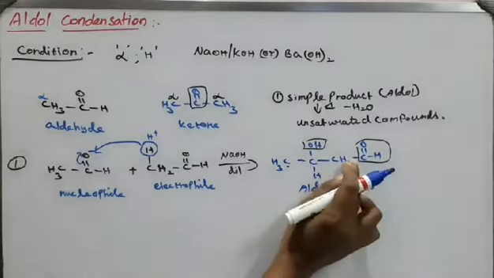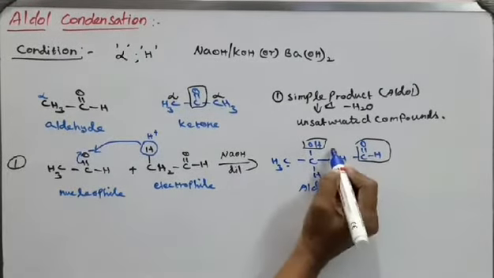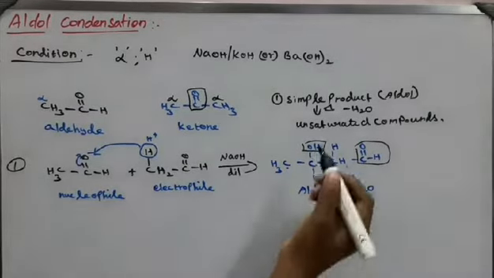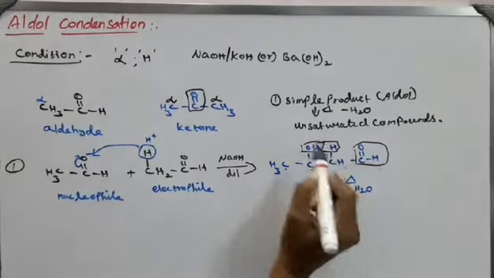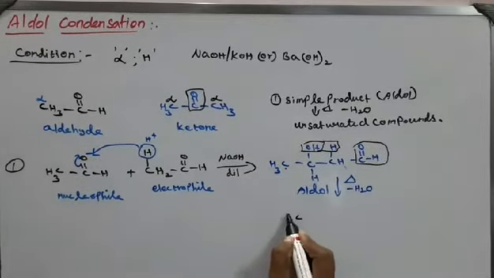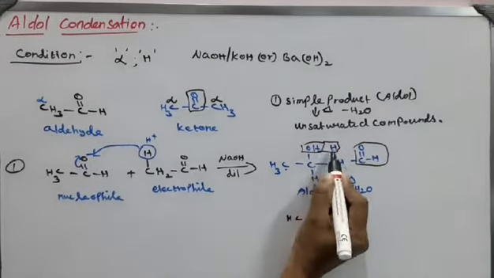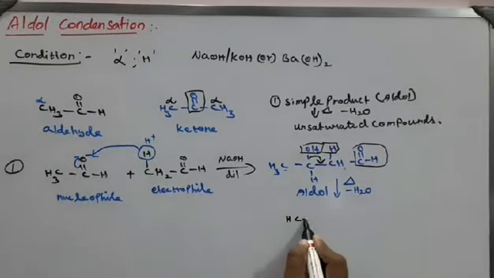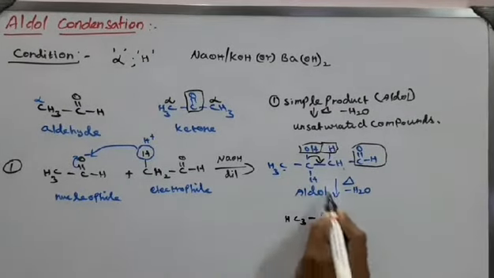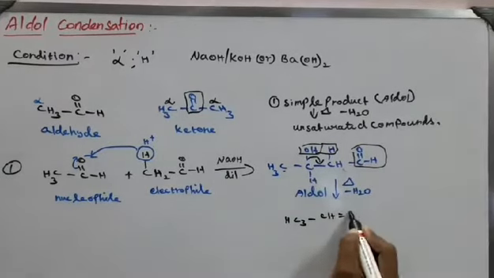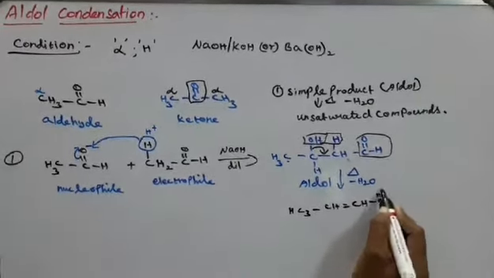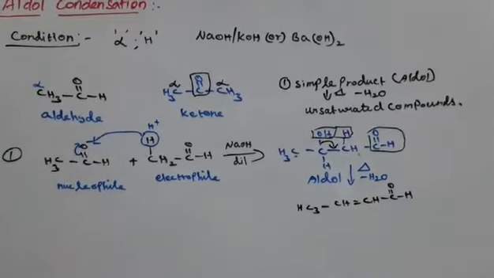For convenience, we write like this. H2O is removed, and the bond shifts to here. So CH3 CH double bond CH CHO.